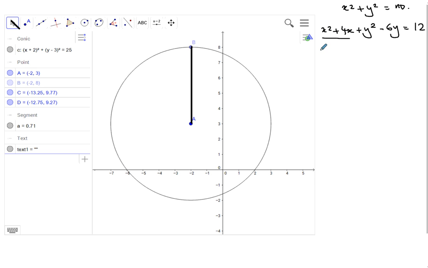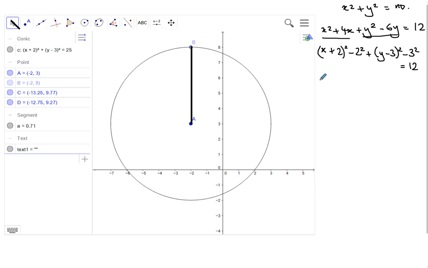So let's complete the square for the x's. You've got x plus half of that all squared minus half of that squared, and we'll do the same for the y. So you've got plus y minus half of that all squared minus half of that squared, and then equals 12.